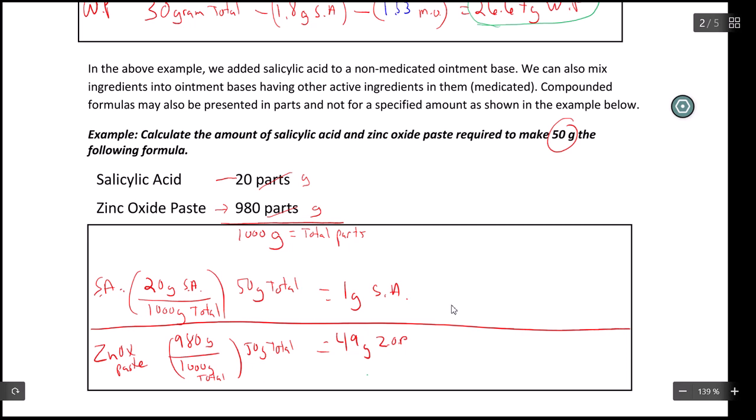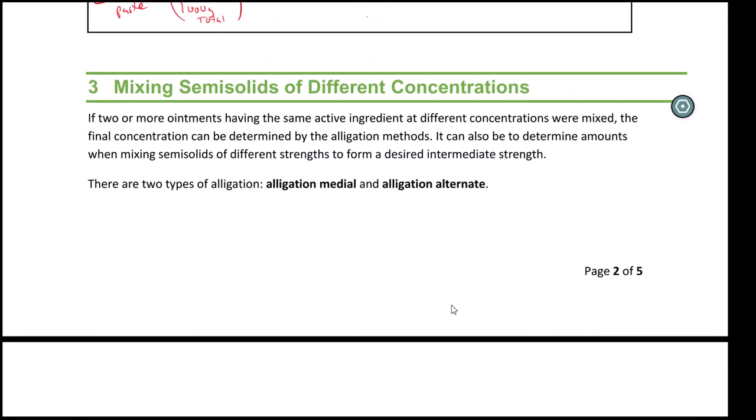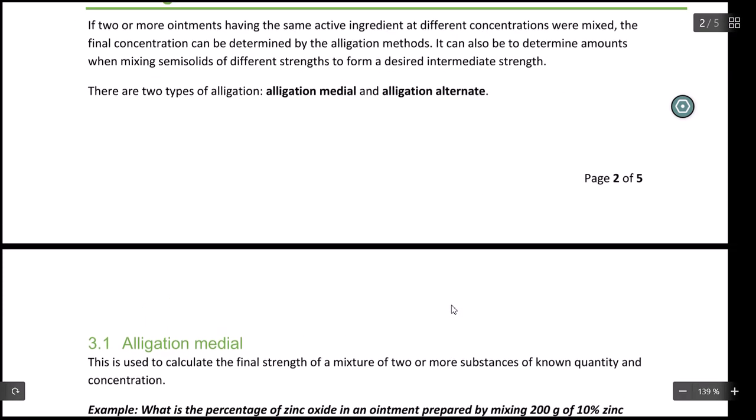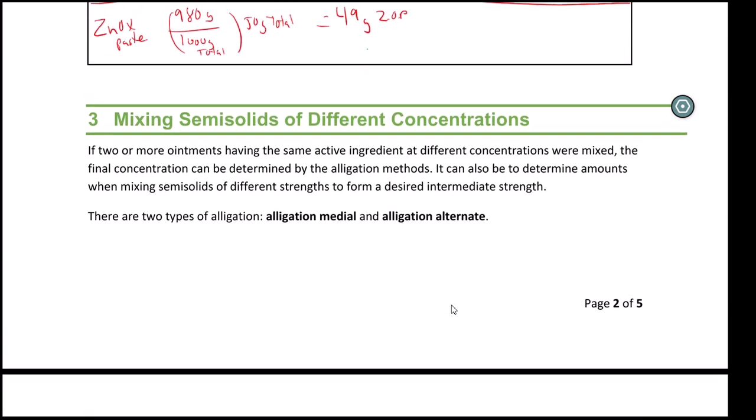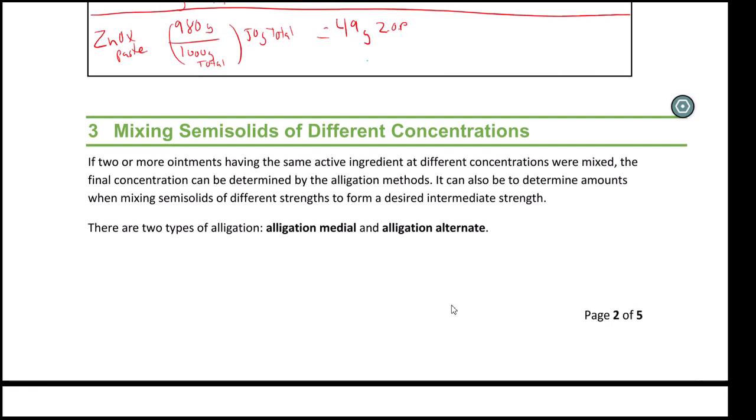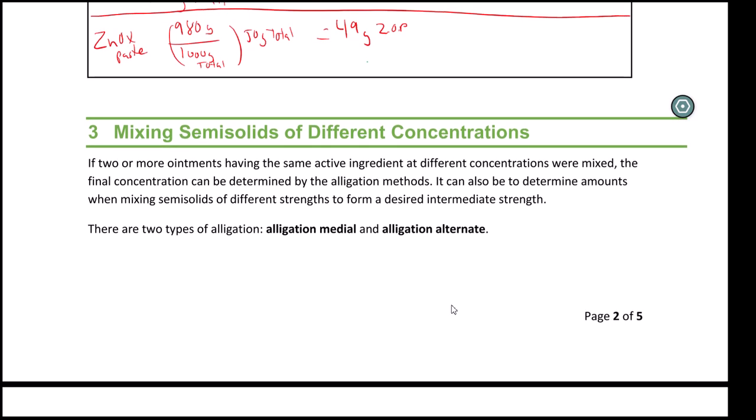Now, I said in the beginning that there's 2 ways to really make semi-solid preparations. One of them is that we can take a non-medicated base and add the drugs to them, either in a liquid or in a powder form. Or the second way, what we're going to look at, is that you can take medicated ointment bases and mix them with other medicated ointment bases or plain ointment bases in certain ratios and get what we need.